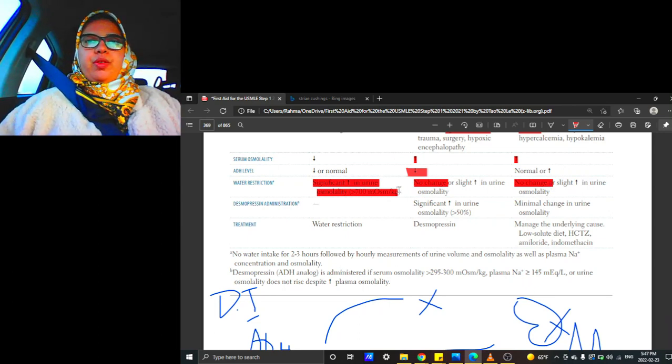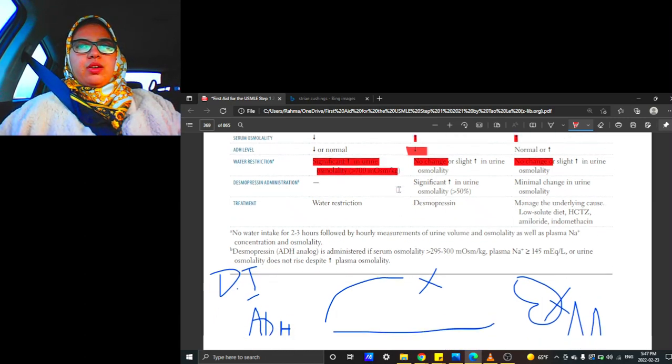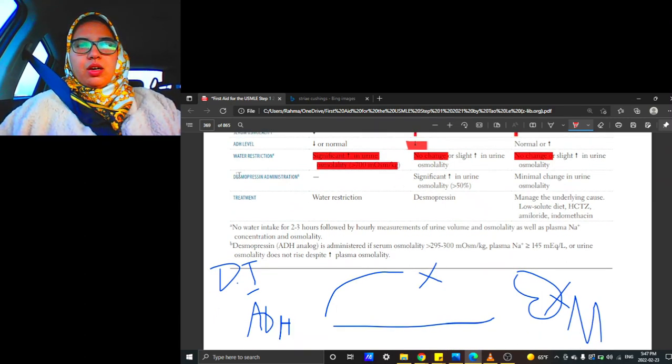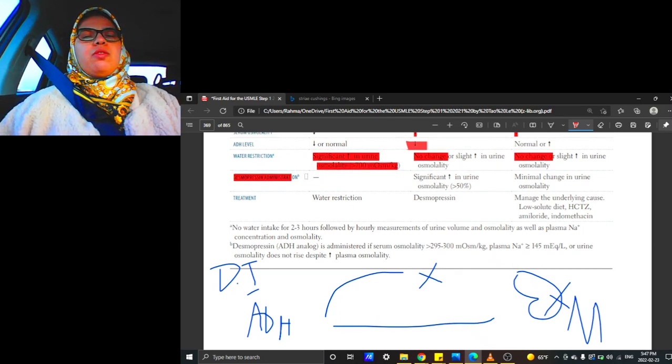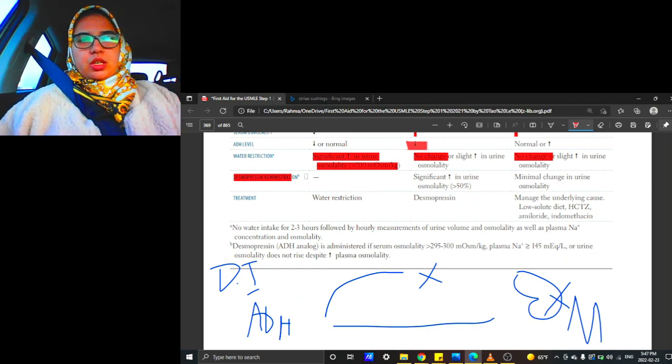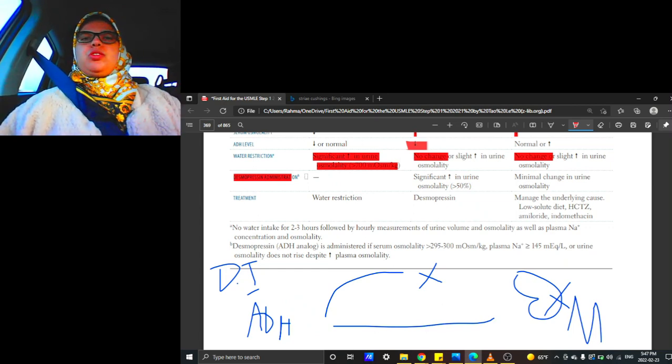So now what do I do to figure out between central and nephrogenic? Well, I'm going to give an analog of ADH. Remember, ADH also has another name called vasopressin, which works directly to increase the blood pressure. So I will give desmopressin administration. And I'm going to check the urine osmolality.